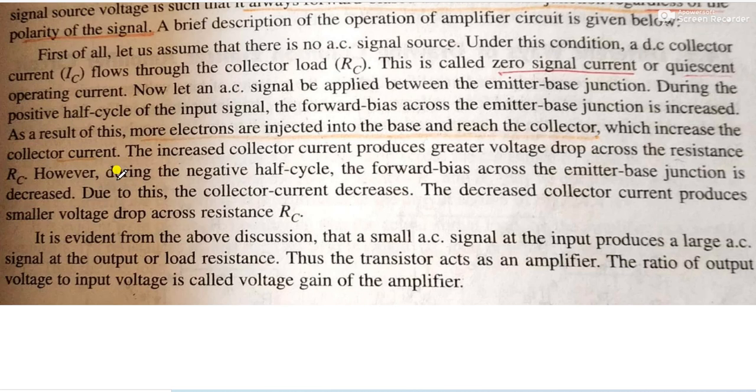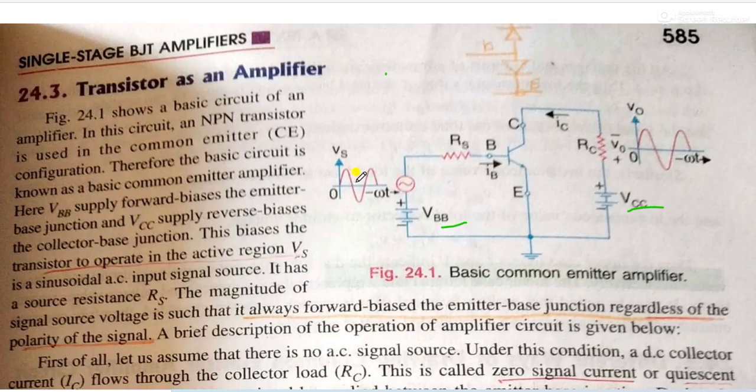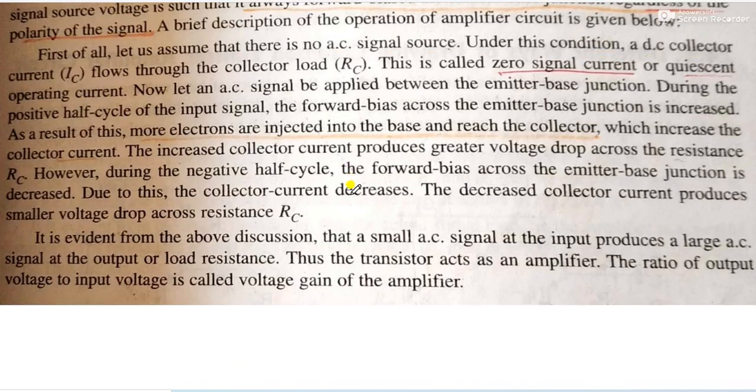Now the next half cycle: this one is the positive half, this one is the negative half. During the negative half cycle, the forward bias across the emitter base junction is decreased. Due to this, the collector current also decreases. The decreased collector current produces a smaller voltage drop across the resistance RC.